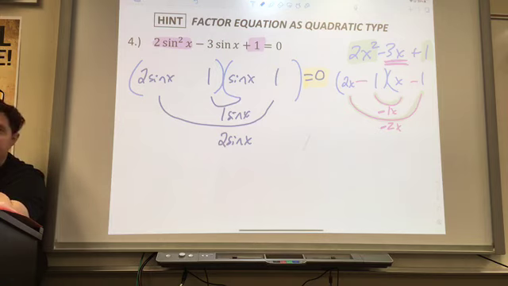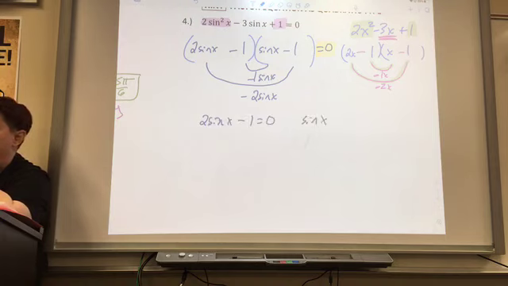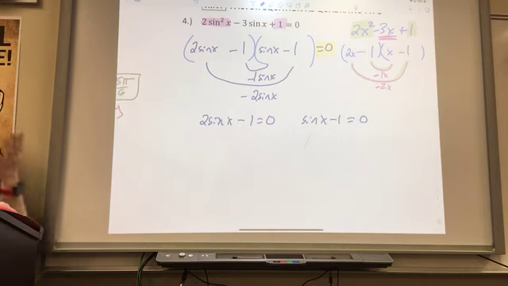Can I get negative 3 sine x out of that? Negative, negative. Now, because of the zero property of multiplication, I say either that one could be 0 or that one could be 0. Because if one of them is 0, it's going to be the other one.